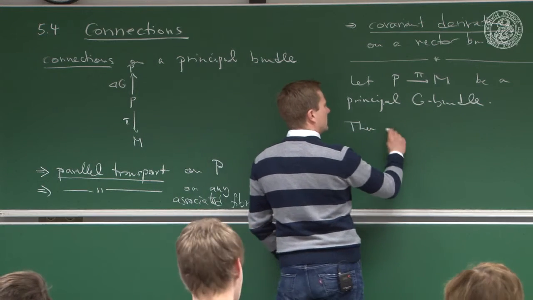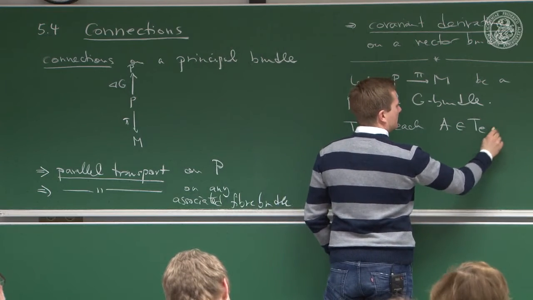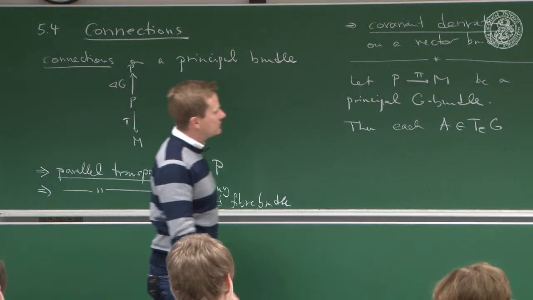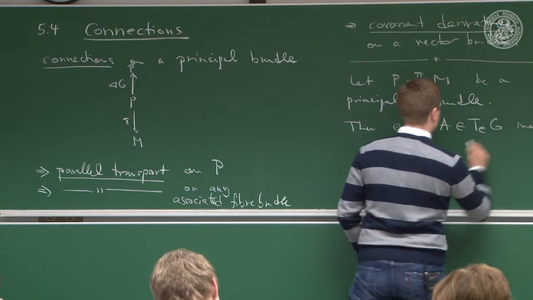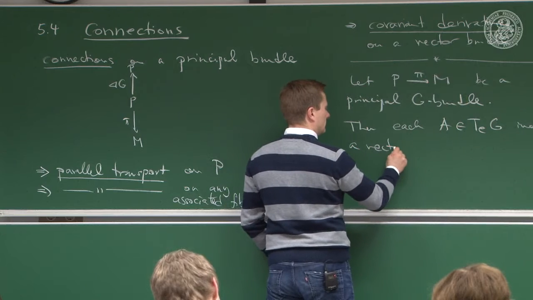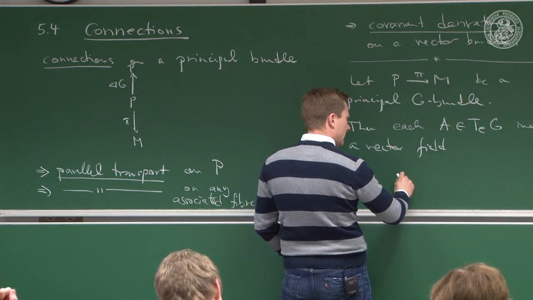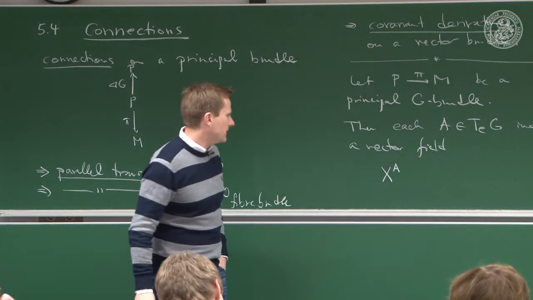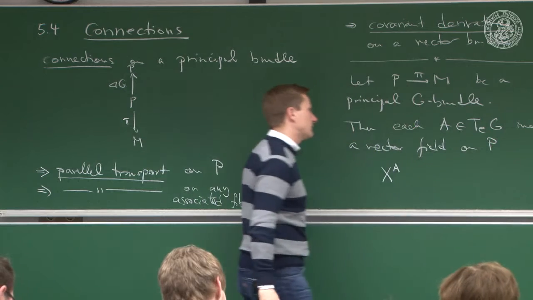Each A that we take from the Lie algebra of the group G induces a vector field which we may call X_A, a vector field on P, on the principal bundle.